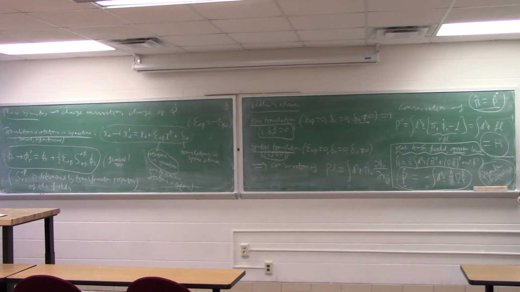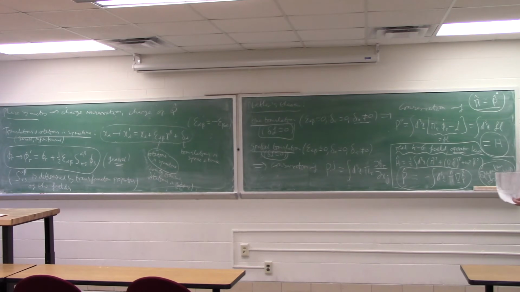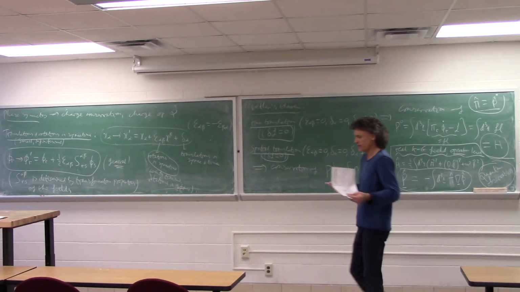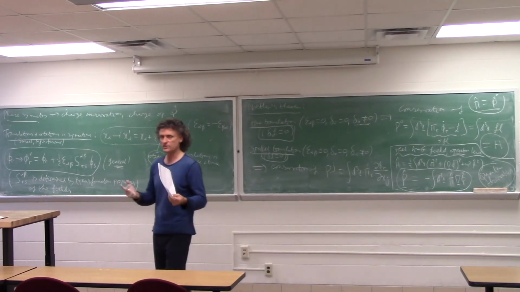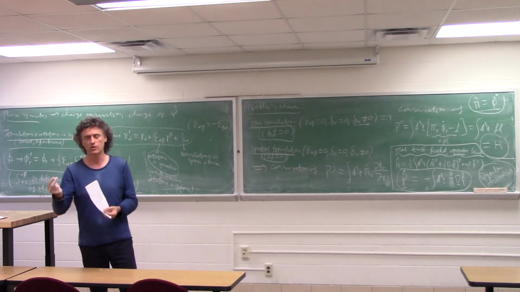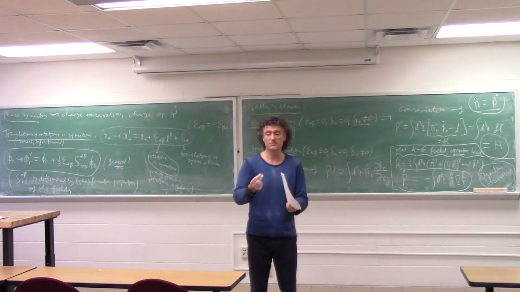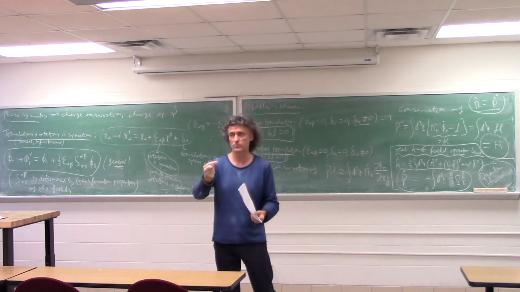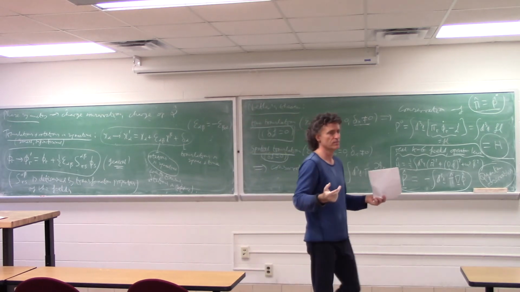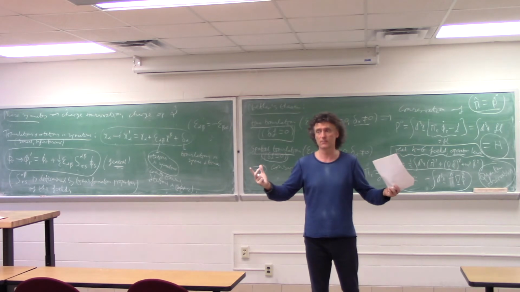The answer is that there's a difference between canonical momentum and physical momentum. The canonical momentum is a sort of abstract momentum that appears in Lagrangian and Hamiltonian theories, canonically conjugate to whatever quantity you're looking at. Sometimes, for some simple systems, like a single particle moving in a potential, the canonical momentum is just m x dot, which is the usual physical momentum.